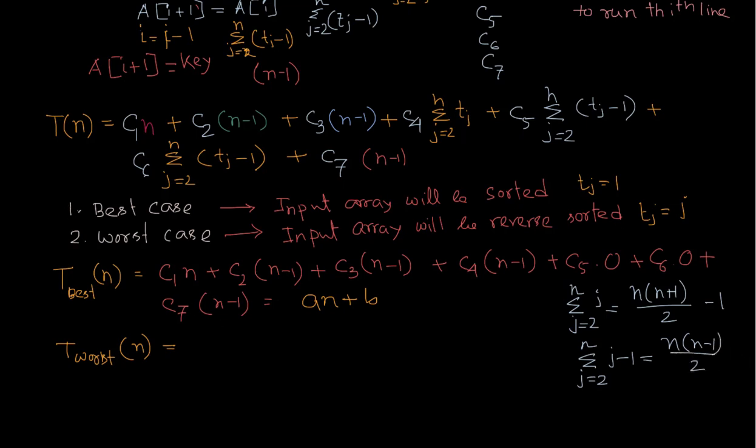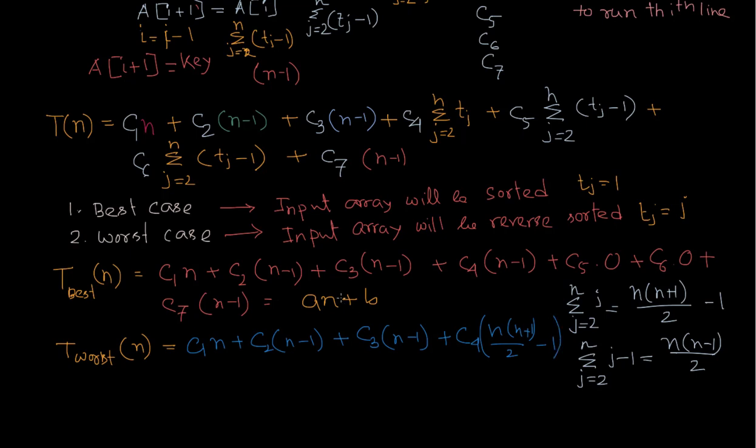So if I now write this same equation, it will be c1 n plus c2 into n minus 1 plus c3 into n minus 1 plus c4 into this guy, which becomes n into n plus 1 by 2 minus 1, right?